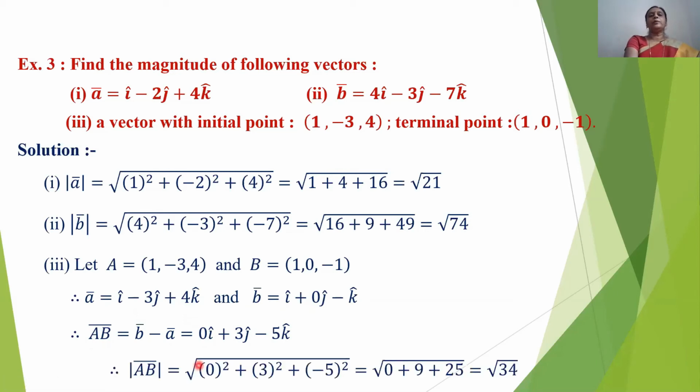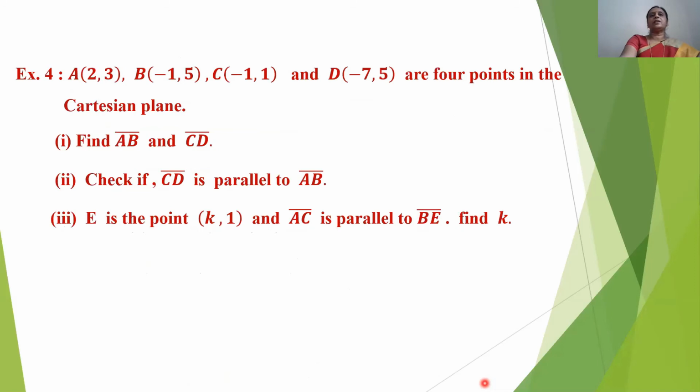Okay, then what will be magnitude of AB bar? Here components of i, j, k are 0, 3, -5. Therefore you write down in the square root 0 square plus 3 square plus (-5) square. And after simplification, this will be in the square root 0 plus 9 plus 25, that is equal to root 34. Okay. Then see the next example.